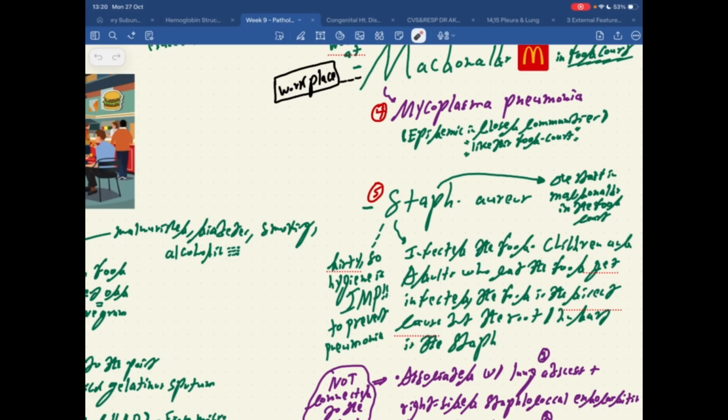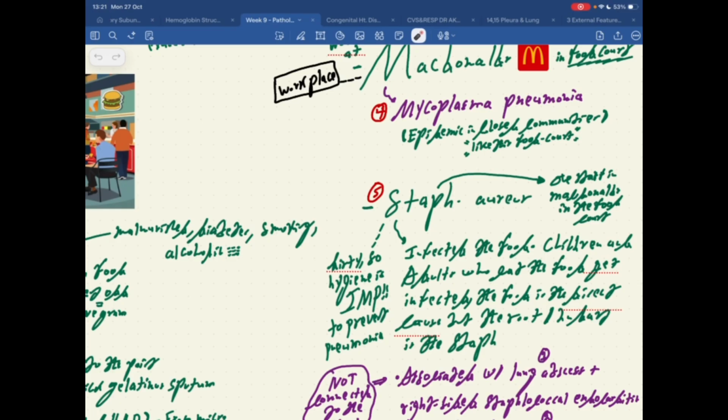So, people who go there, whether it's a child or an adult, they're going to eat the food from McDonald's, and they're going to get infected. Ask yourself this question. When they get infected from this food, like this is the first thing they get infected from, right? The direct thing. Is that the root cause? It isn't. The root cause is the staph, which is the secondary.